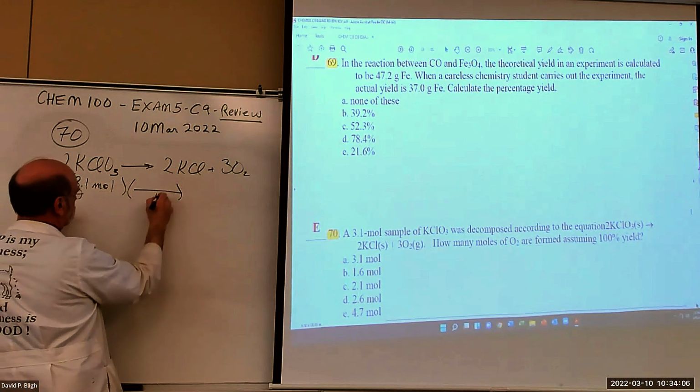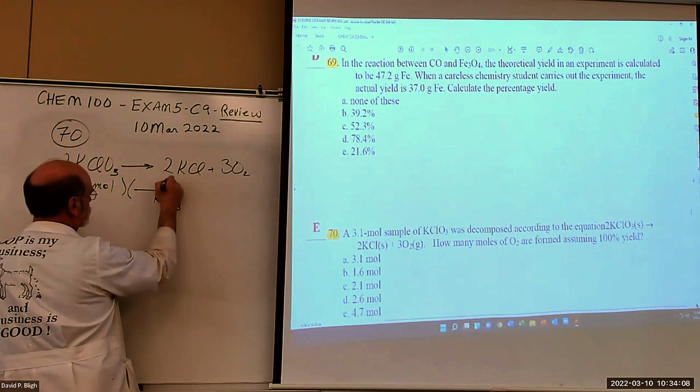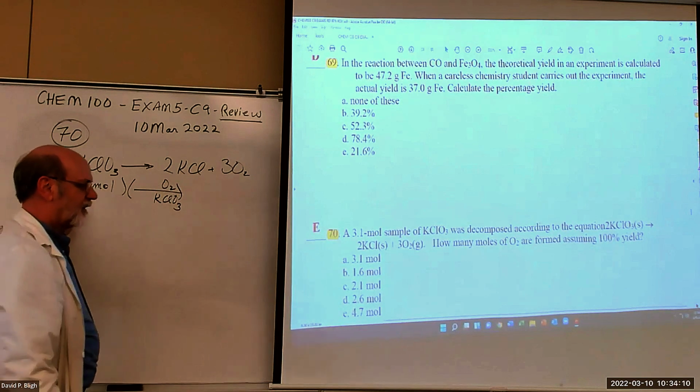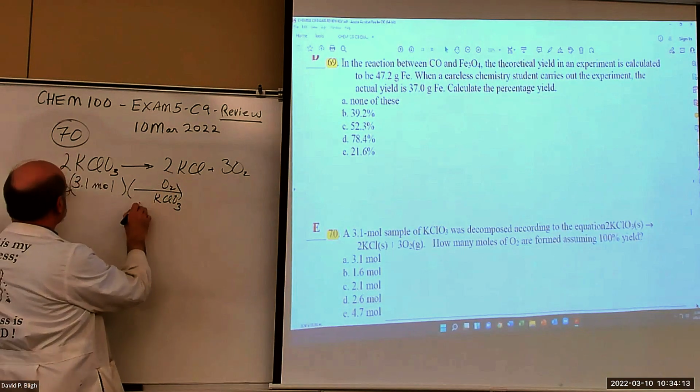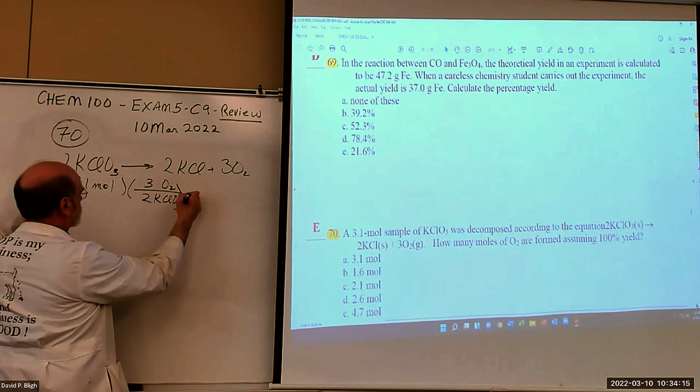So this one is KClO3, this one is oxygen, right? And this one is 2, that was 3.